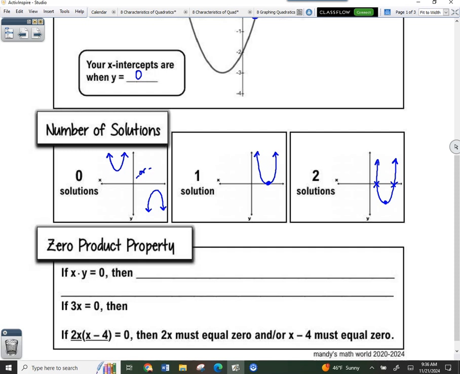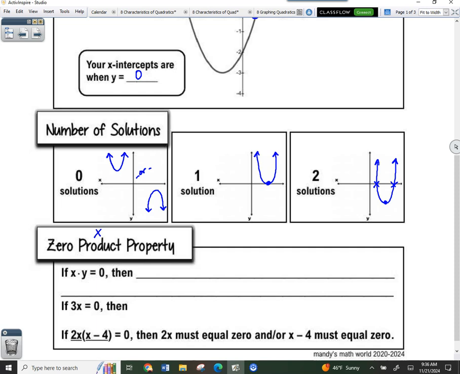One of them has to be 0. That is called the zero product property. If you ever have the product, meaning two things have been multiplied, it can be ugly, but if they're multiplied and it comes out to 0, then one or the other, or both, has to be 0.